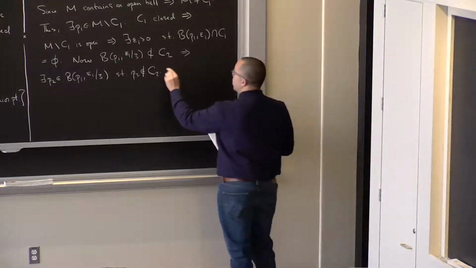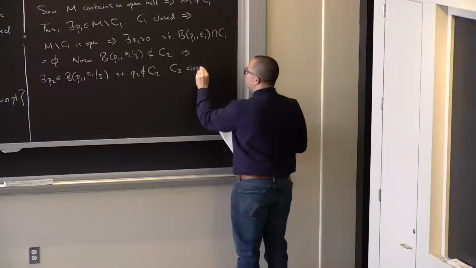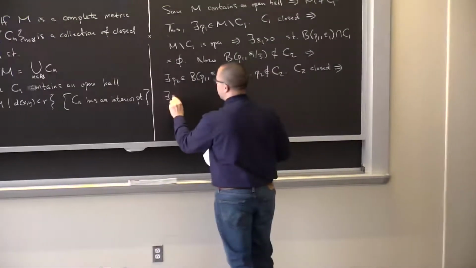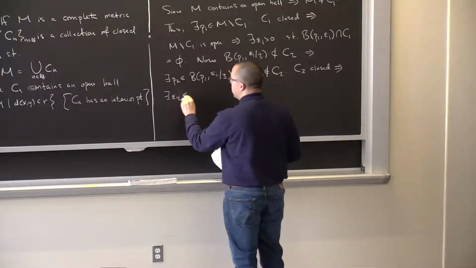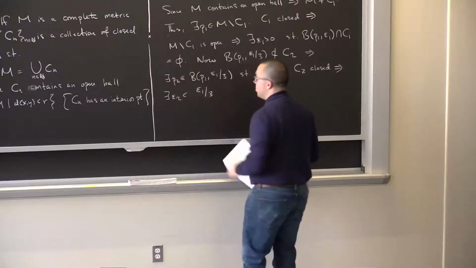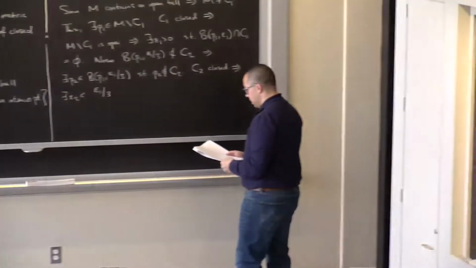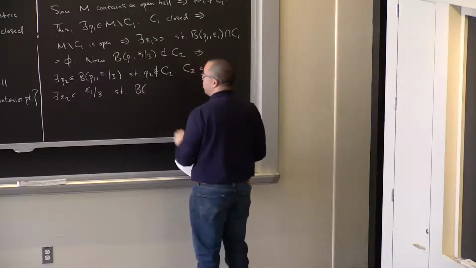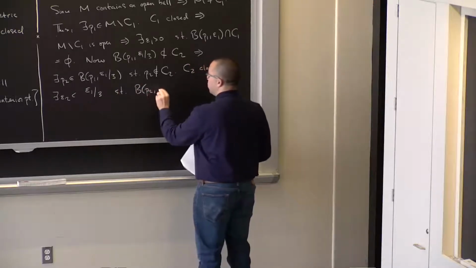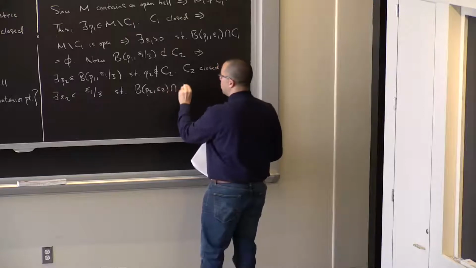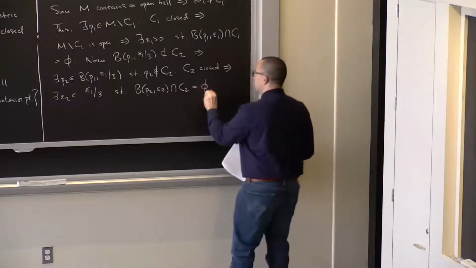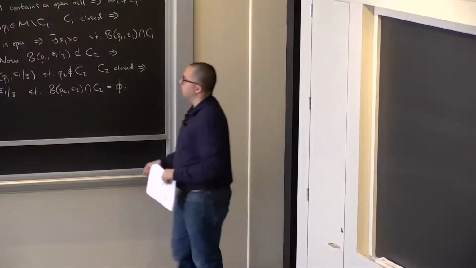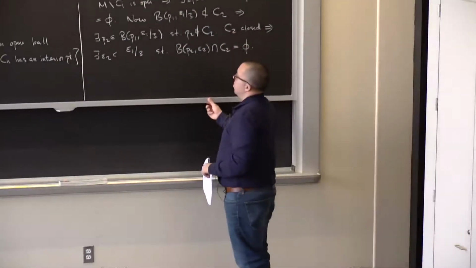Now, again, C2 closed implies that there exists an epsilon 2 less than epsilon 1 over 3, so we can make it very small if we wish, such that the ball centered at P2 of radius epsilon 2 intersects C2 equals the empty set. Okay? So now I've picked P1 and P2.